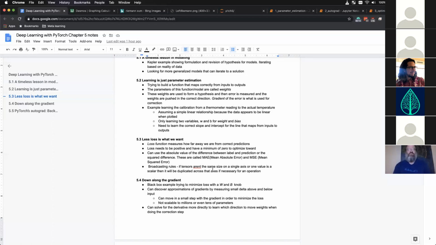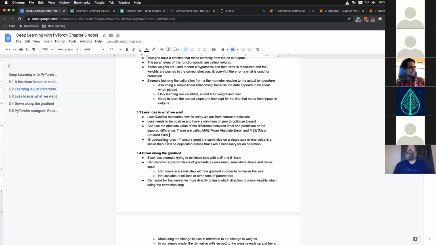Or if you're just trying to multiply a scalar or something like that, it will just broadcast that to all of the different values. So you don't have to worry about having precisely the right shape every time. And it's just kind of a convenience, but sometimes it can also cause some confusion.